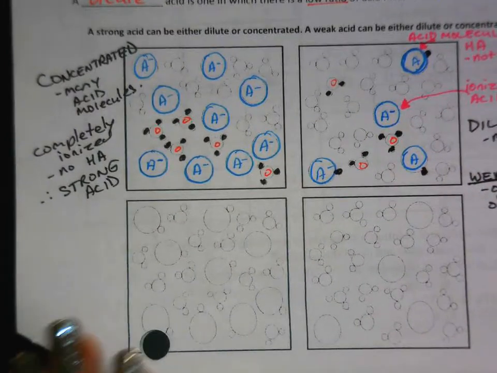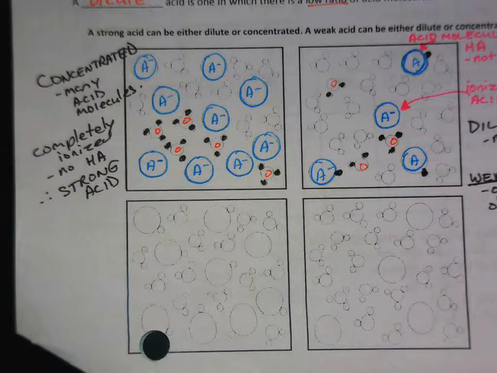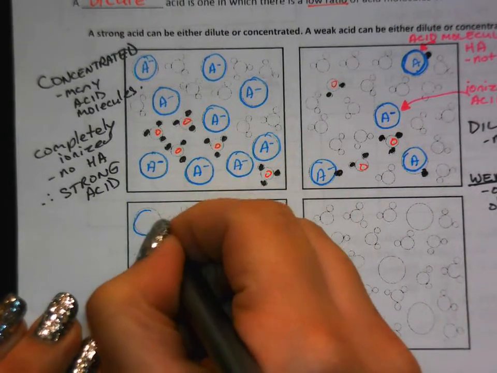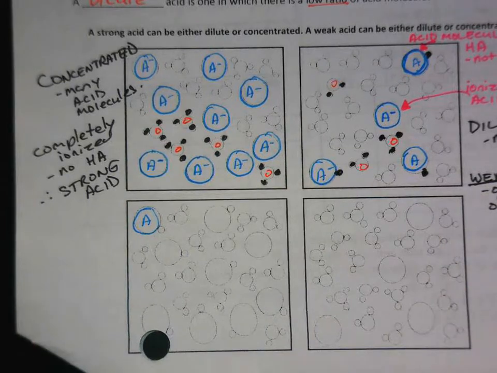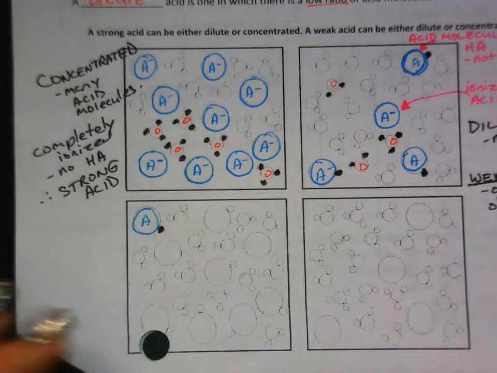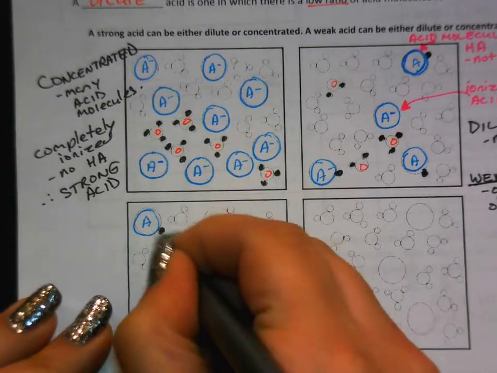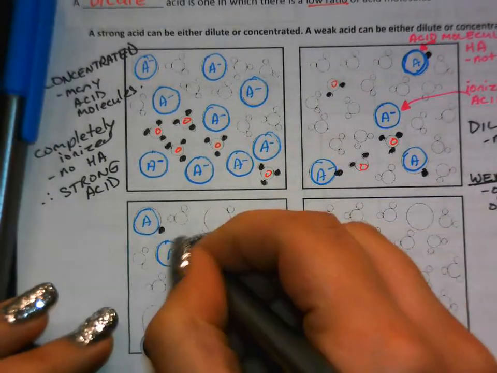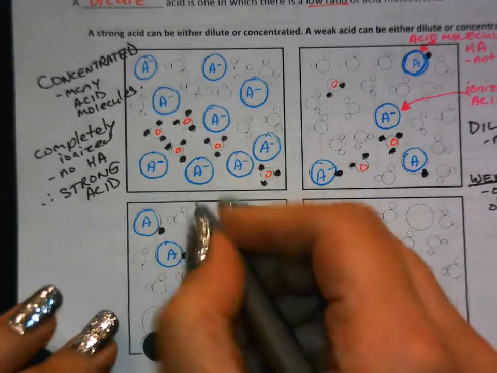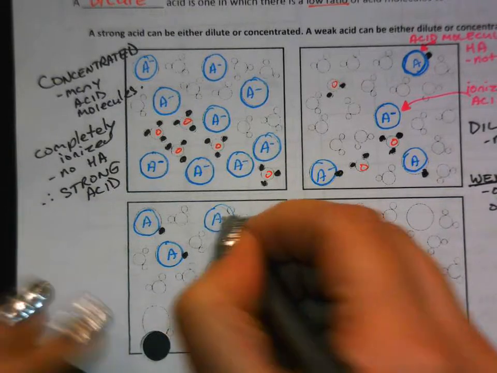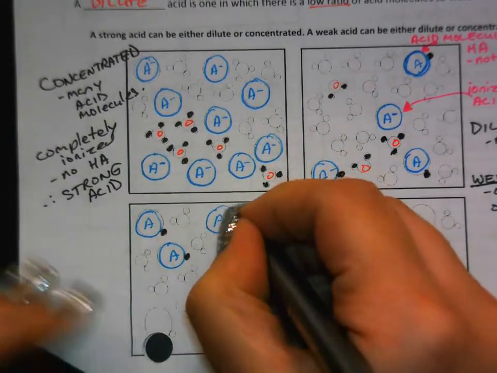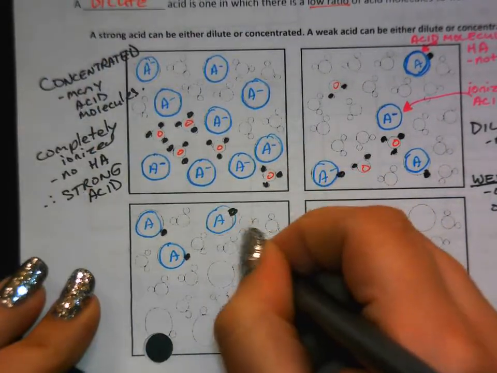Let's look at the bottom one here. Here we have one acid still attached to the hydrogen. Here's another acid attached to the hydrogen. Third one over here, attached to the hydrogen. Fourth one over here.